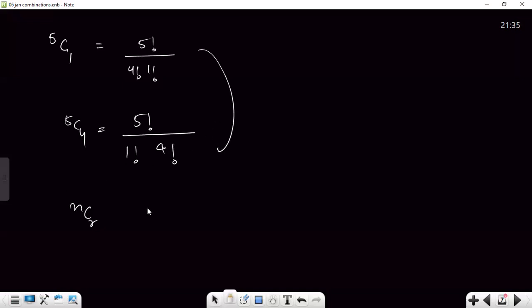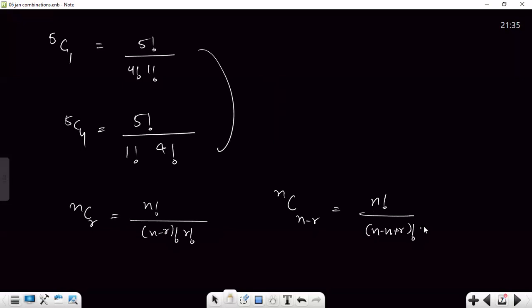What if I write nCr, that is n factorial upon (n minus r) factorial into r factorial? What if I write nC(n minus r), then n factorial divided by (n minus (n minus r)) factorial into (n minus r) factorial? If we solve it, it becomes n factorial divided by r factorial into (n minus r) factorial.